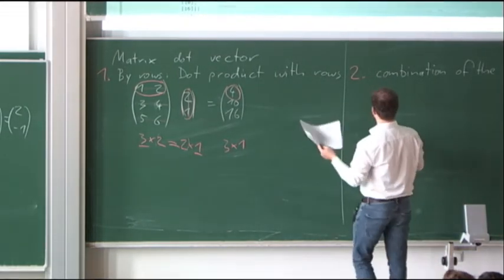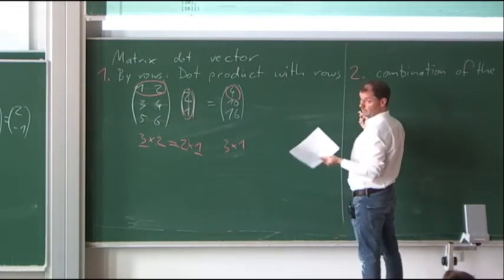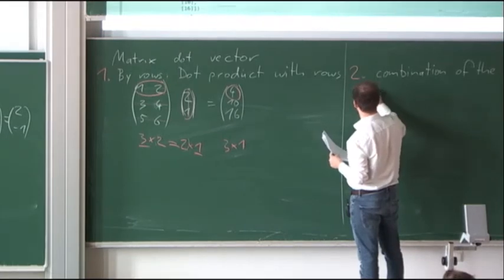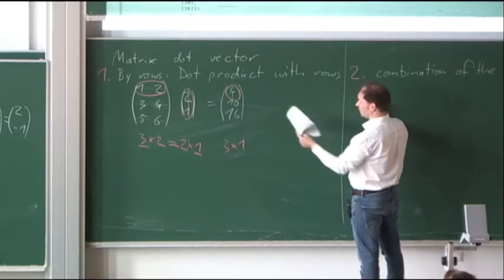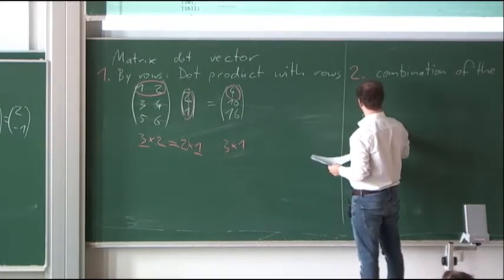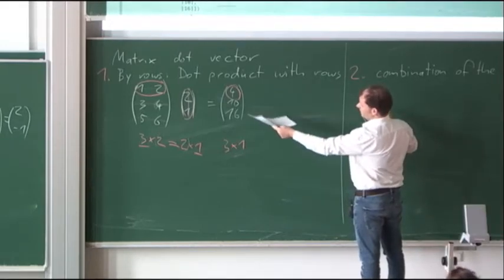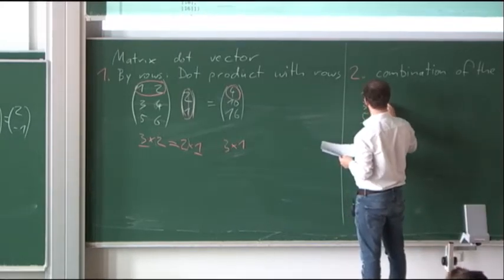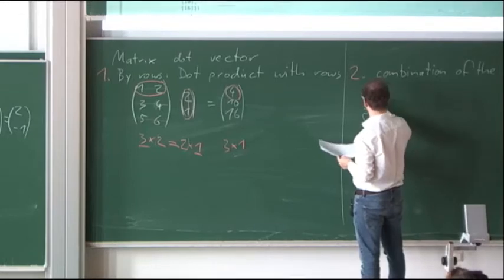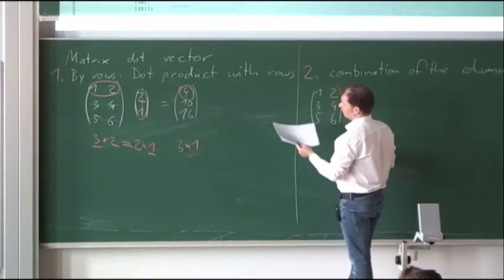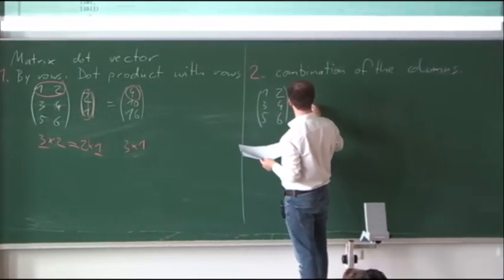So we take exactly the same calculation. It's just a different way to think about the same calculation. The first column is 1, 3, 5, and the second column is 2, 4, 6. And we multiply this by 2, 1.